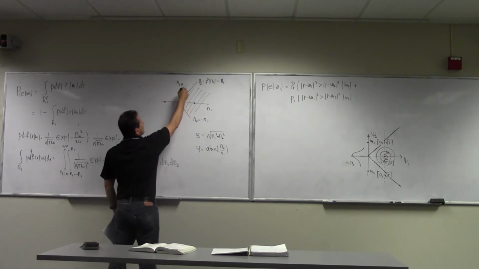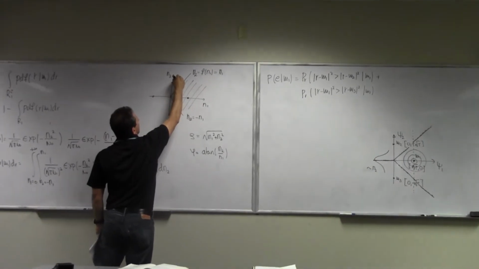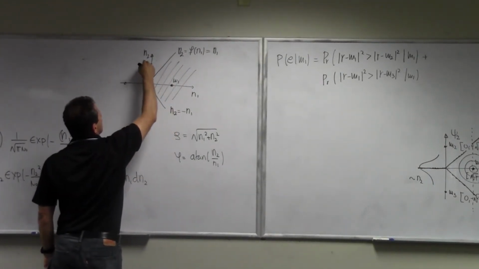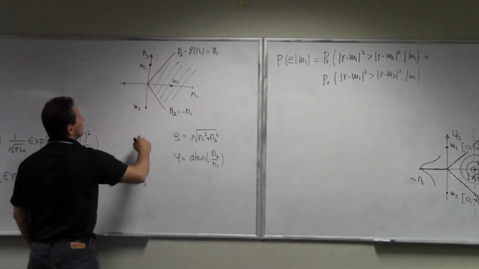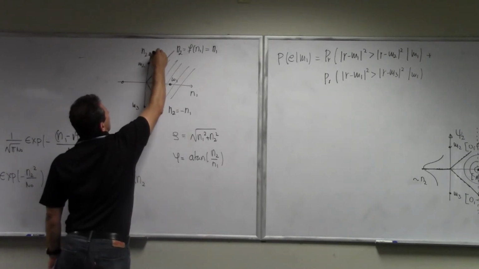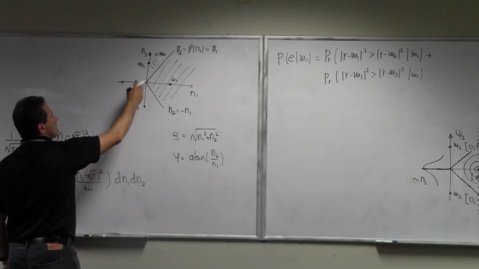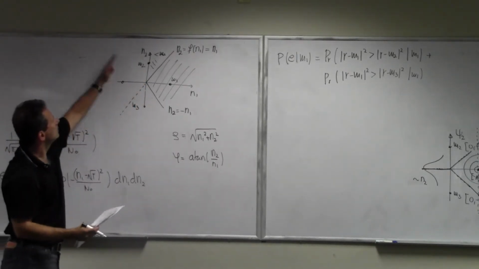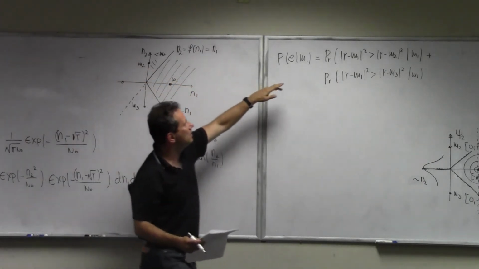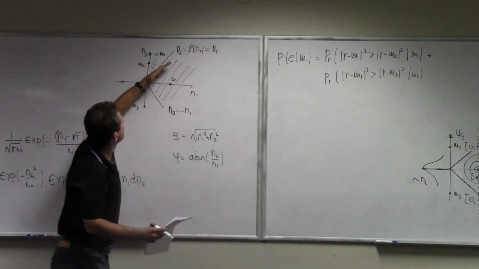Because here, this is M1, this is M2, this is M3. In this region here, I'm closer to M2 than to M1. Everywhere here, to the right, to the up, I'm closer to M2. So the probability of being closer to M2 than to M1 covers this entire region.